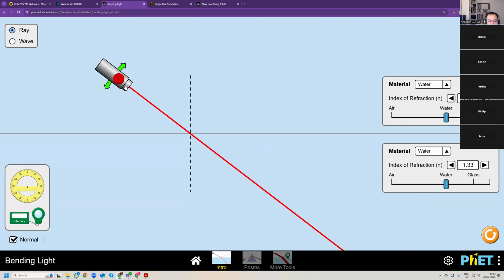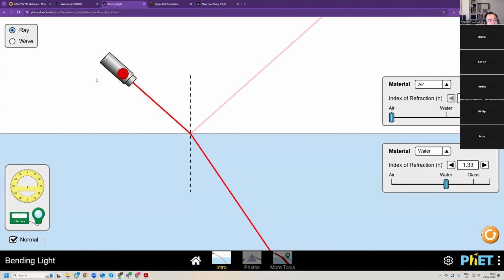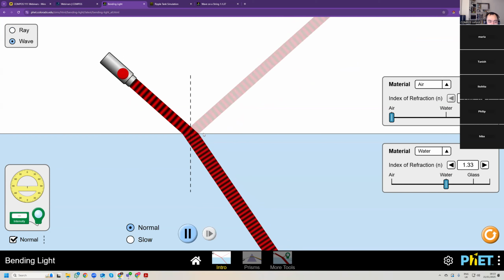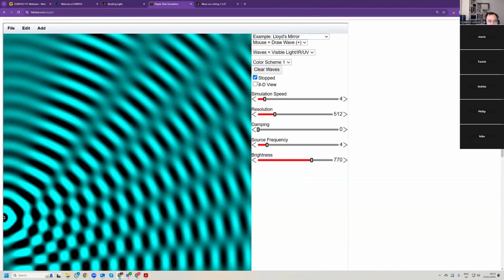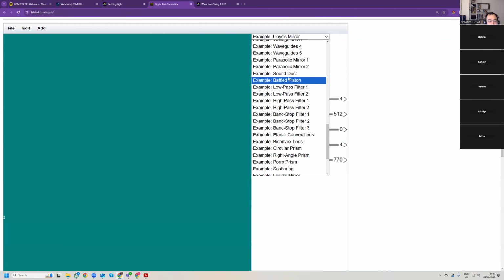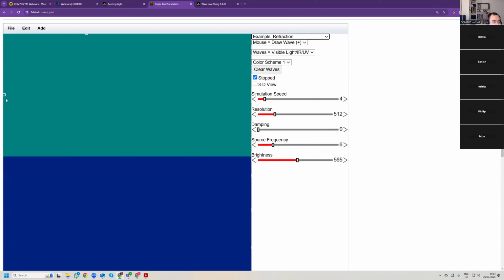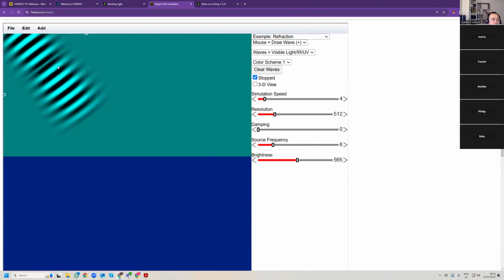Okay, light passes through. And if this material is air, let's see how this looks in terms of waves. Well, of course, sort of like this, but let's see if we can get a more realistic picture. Clear waves example, refraction. So you can see waves are coming from the right, traveling and hitting the boundary.